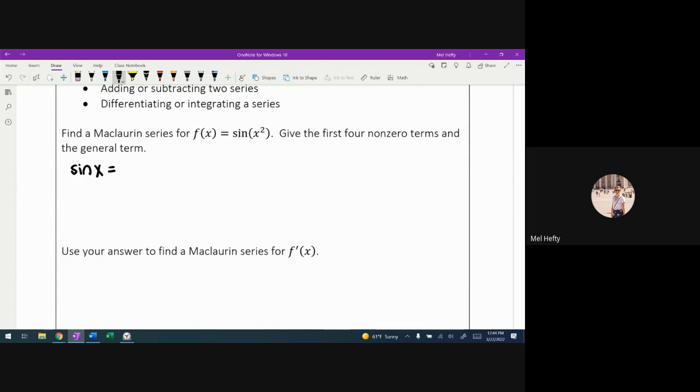Anyone remember what the first term of sine was? X. Oh, it's going to keep doing it. I don't like it. It's so terrible. It's hard to write.